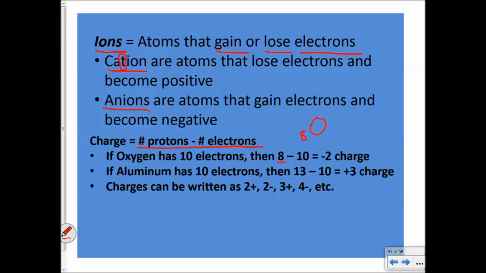Most oxygens are 16, so I'll just write that down as the mass number for fun. But if I have 10 electrons, I normally only start out with 8 electrons. So if I have 10 now, that means I've gained 2. When you've gained 2 electrons, that means you have 2 more negatives than you do positives. So my charge on here would be a -2.